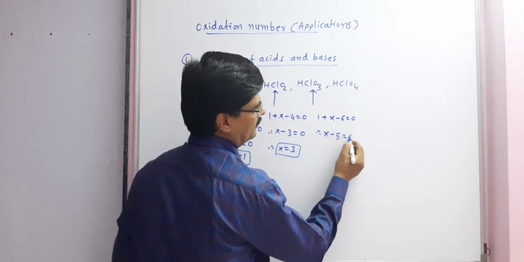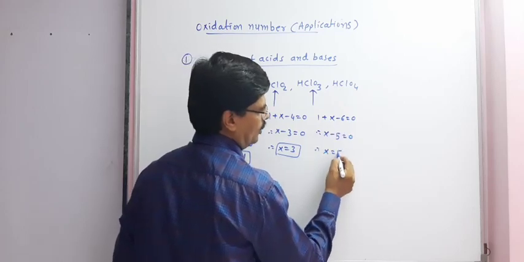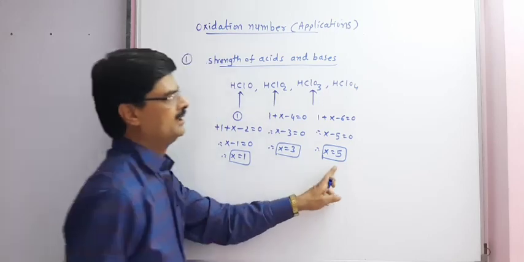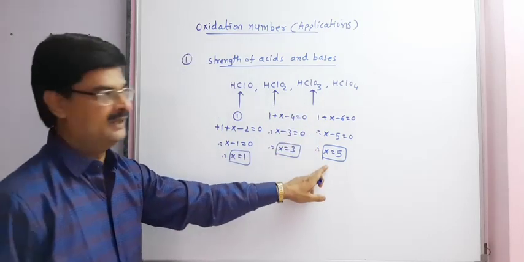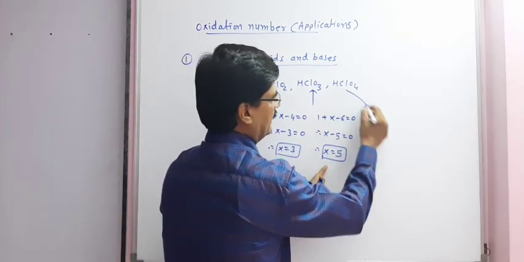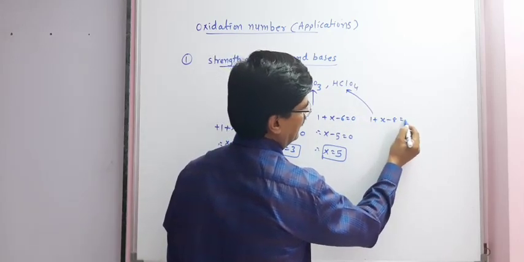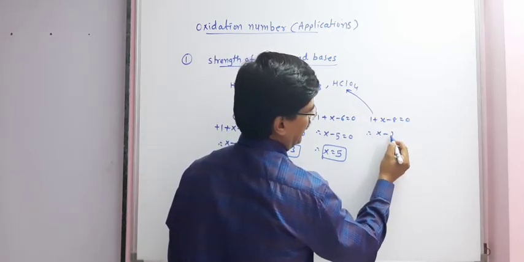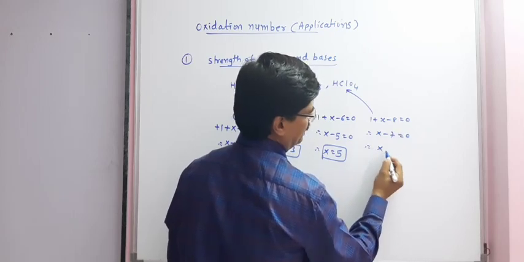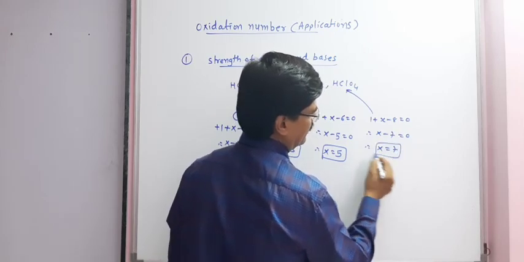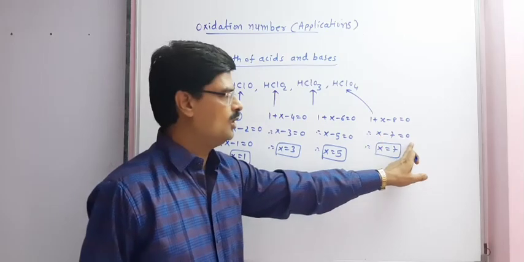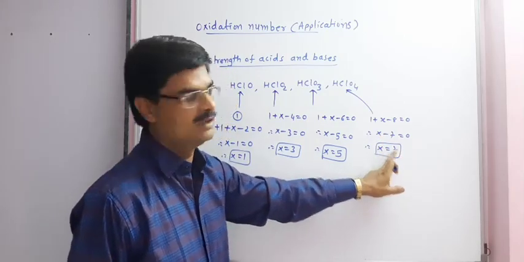Therefore, X minus 5 is equal to 0, so the oxidation state of chlorine is found to be plus 5. And in HClO4, 1 plus X minus 8 is equal to 0. So X minus 7 is equal to 0. Therefore, X is equal to 7.